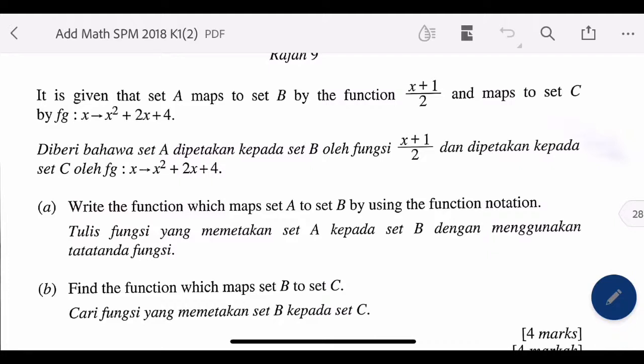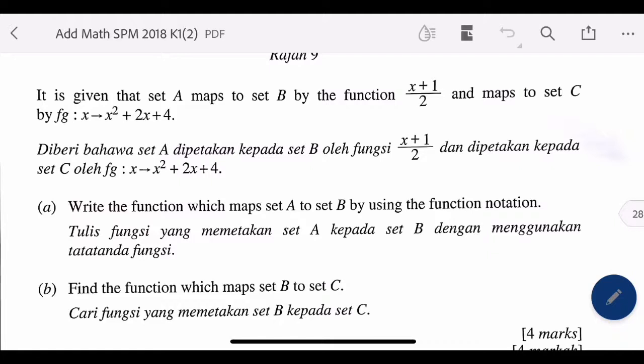Now for B, you have to find the function. You have to find the function from the fg(x). So since you are having g(x), of course the other function that you have to find is f(x), right? So if you want to find the f(x), you have to use the inverse method.